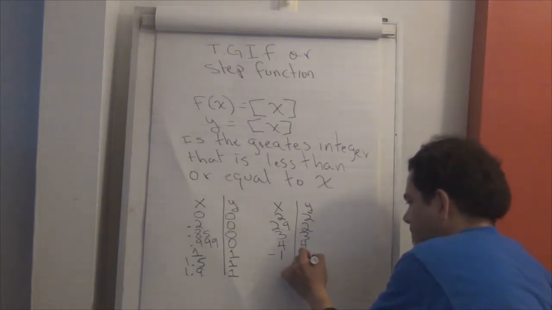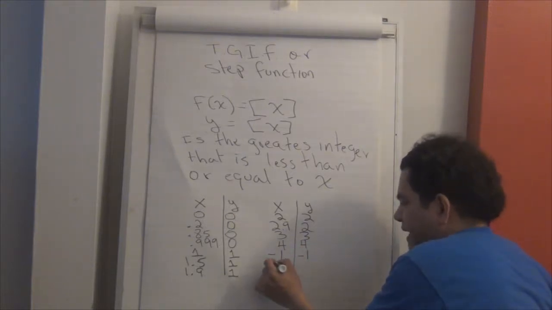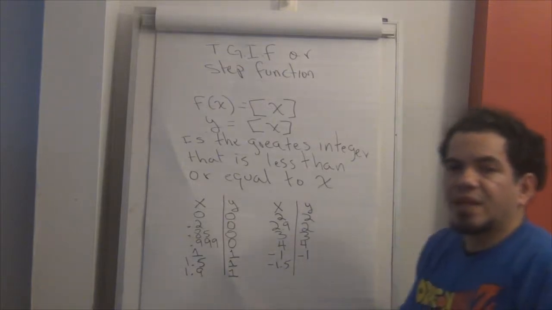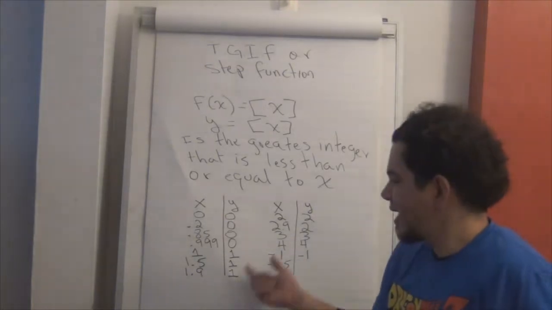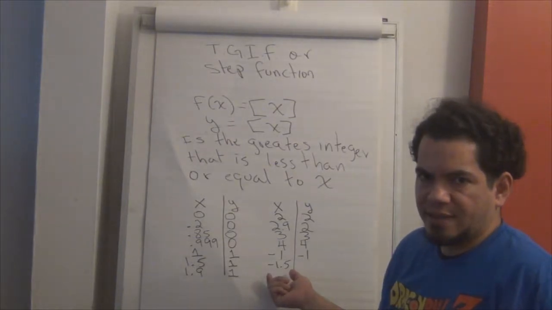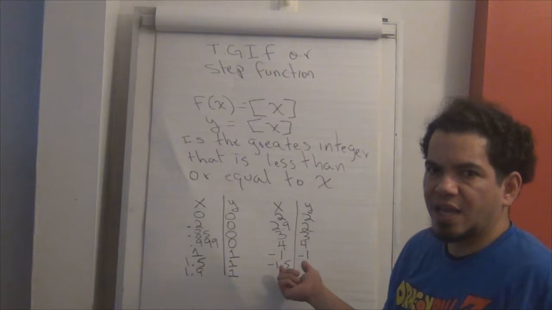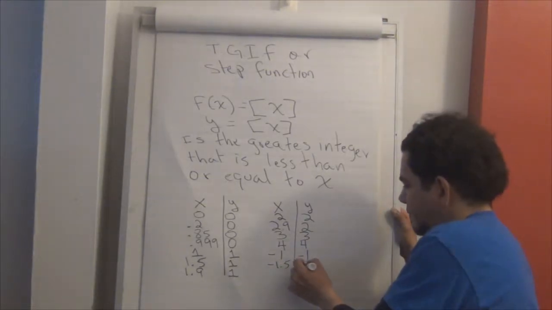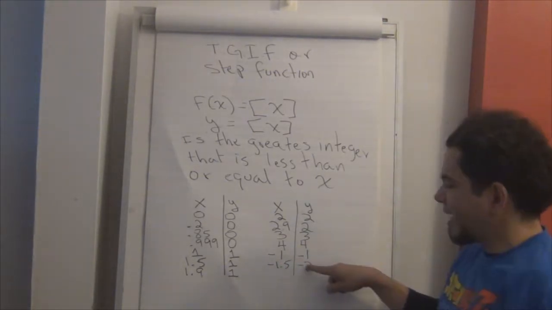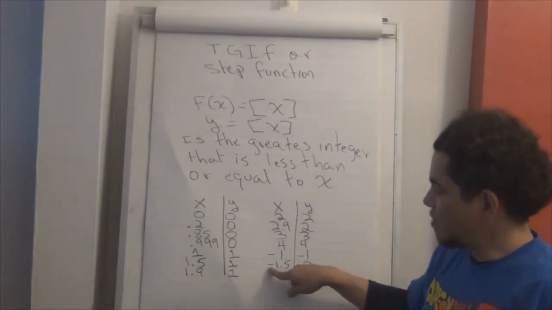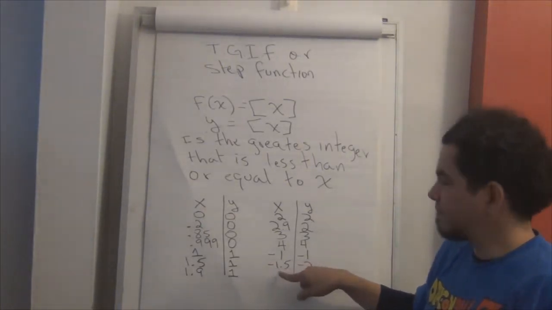How about negative 1? Well, that will be negative 1. What about when I have negative 1.5? What is the largest integer that is less than or equal to negative 1.5? Negative 2 is the largest integer that is less than or equal to this number.